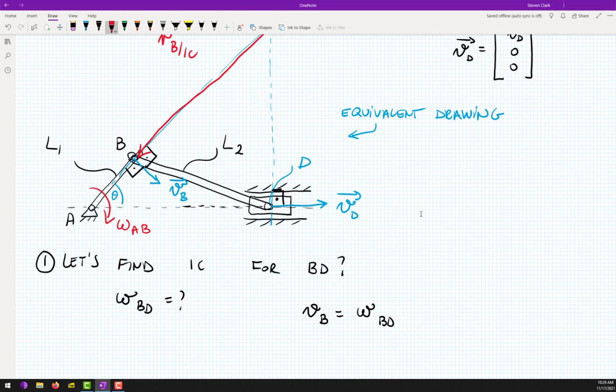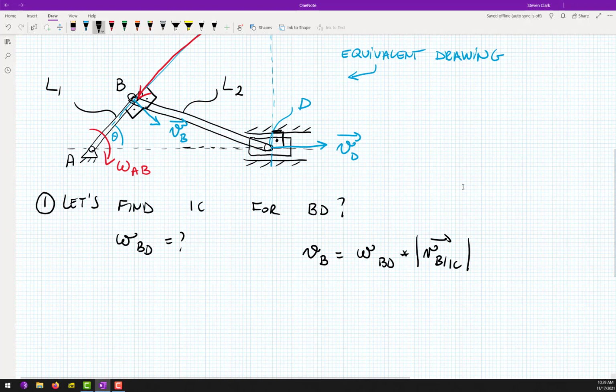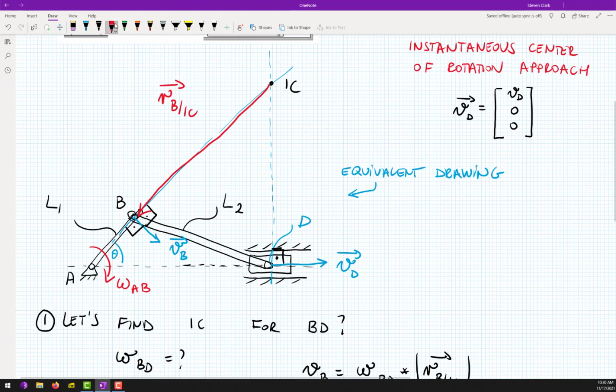So that would be omega BD times RBIC, just the magnitude of that vector. Or we can write VD is equal to omega of the same body times this distance, the green vector.